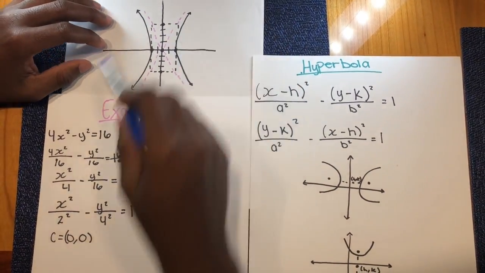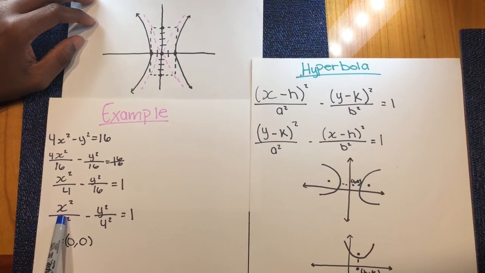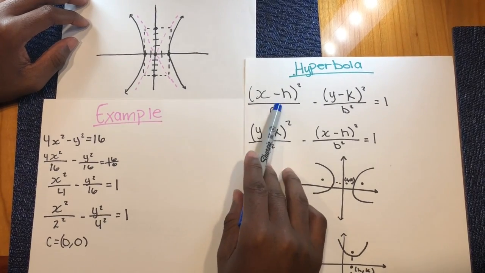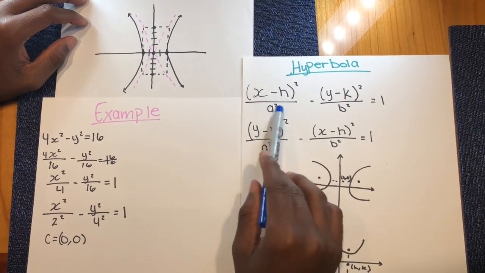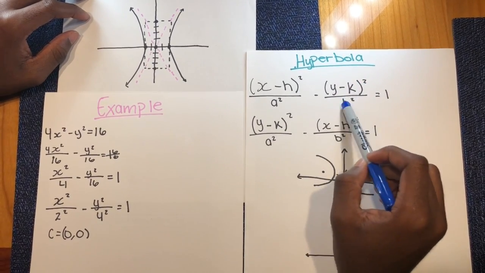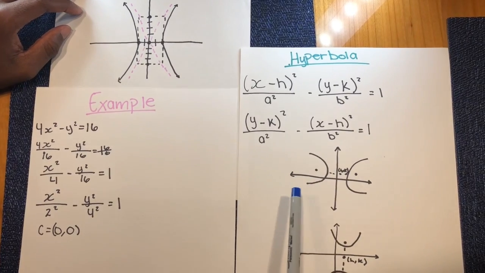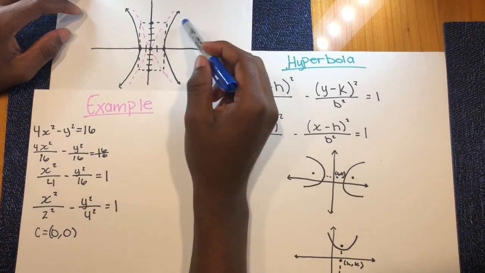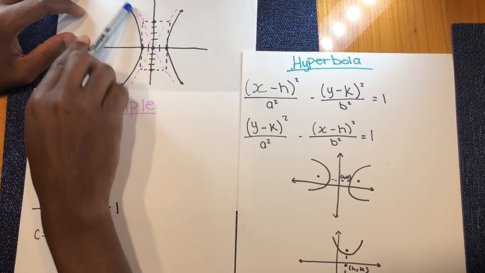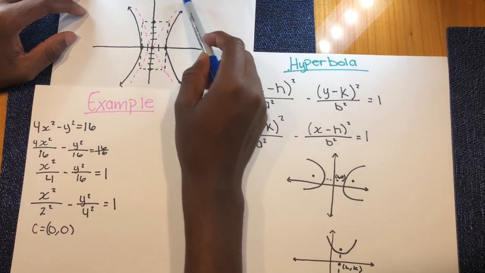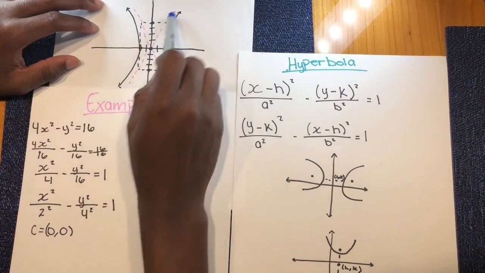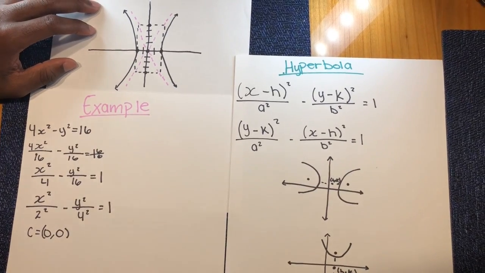And from there, since it is x squared over a squared, which we have up here, (x minus h) squared over a squared minus (y minus k) squared over b squared equals 1, we already know that it's going to be facing left and right. So all we have to do now is start from these 2 points here and finish off the graph so that it does not touch our asymptotes anywhere, and then you have finished your graph.